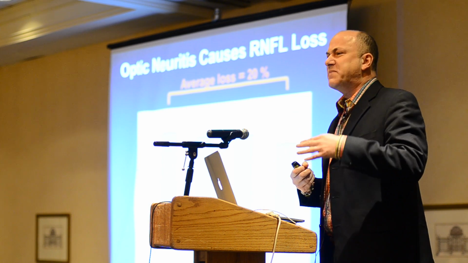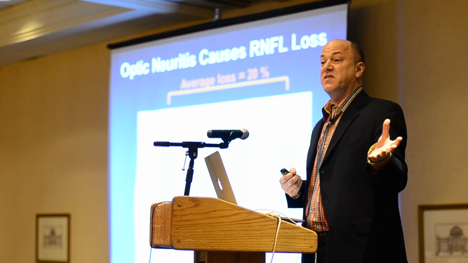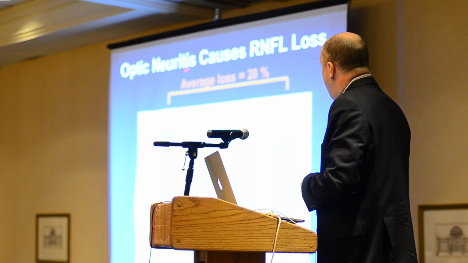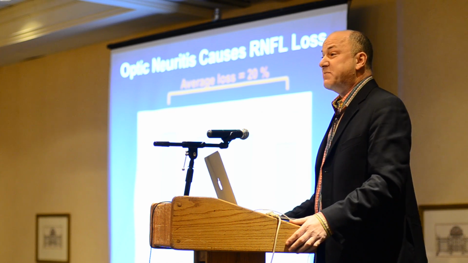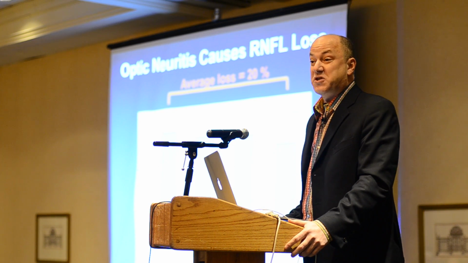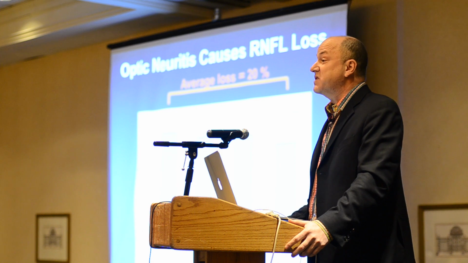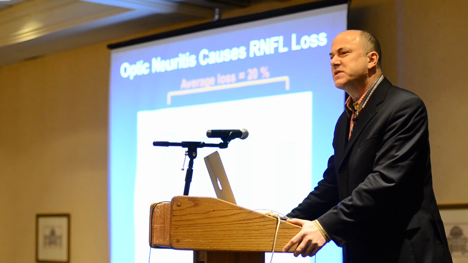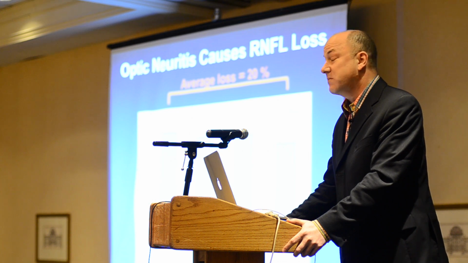Think of a normal optic nerve as having an average thickness of about 100 microns. We notice that the average loss of optic nerve cables after an episode of optic neuritis is about 20% or 20 microns, despite the fact that 95% of people recover.